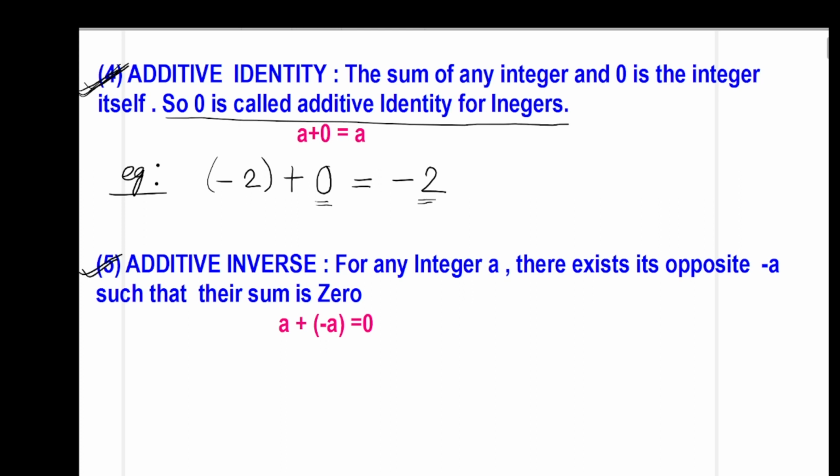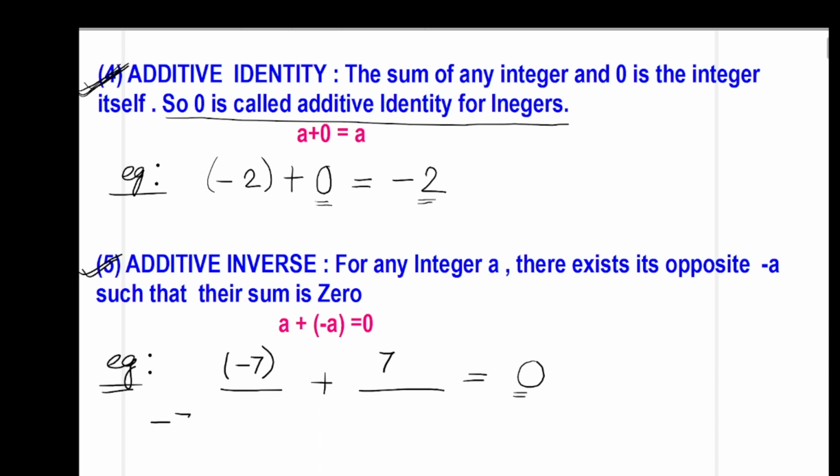Next, additive inverse. For any integer a, its opposite minus a is such that their sum is 0. That means, for example, what two numbers do we have to add so that our answer comes 0? Suppose we are taking minus 7. So with minus 7, we have to add 7, then only we will get 0. Okay.